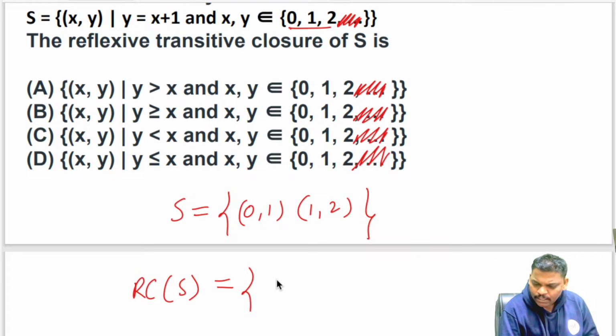Reflexive closure of any relation is, first of all, that relation itself, you write it as it is. After writing, what are the minimal things I have to add so that it will become a reflexive relation?